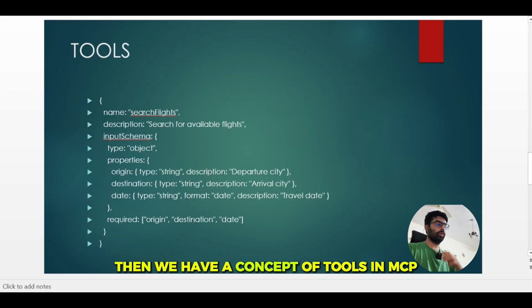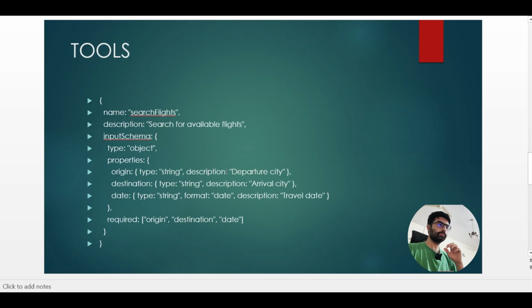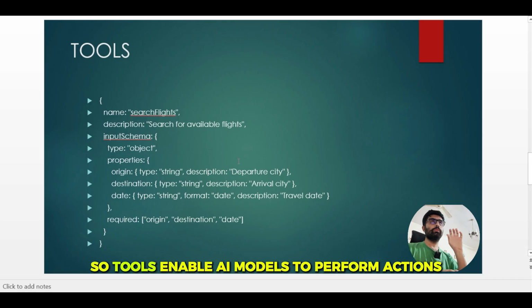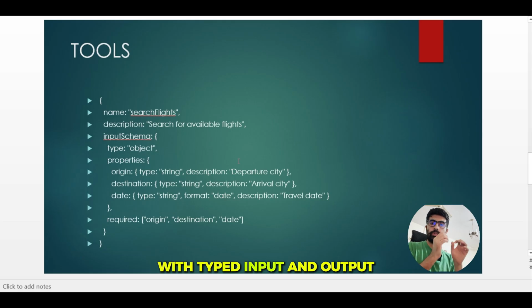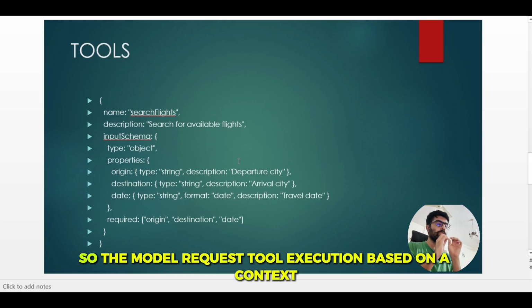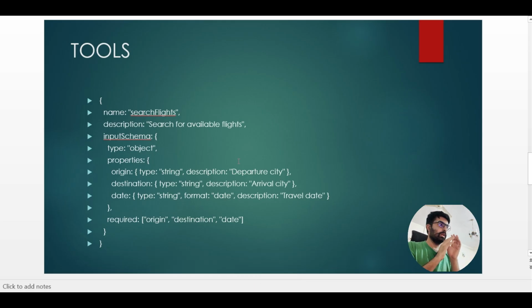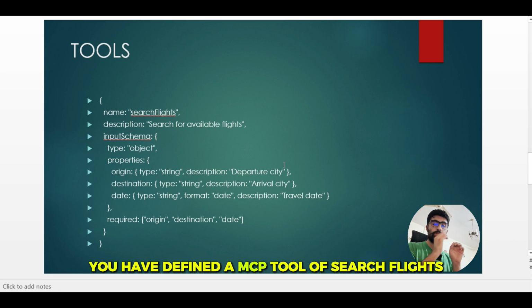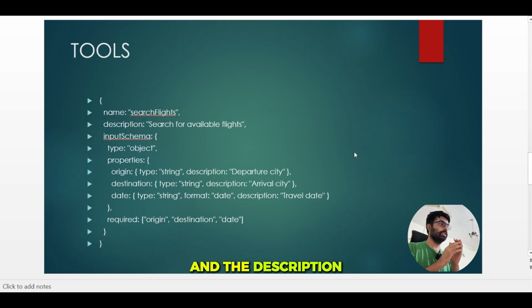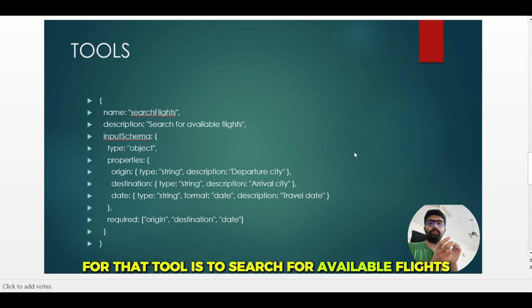Then we have the concept of tools in MCP. Tools enable AI models to perform actions. Each tool defines a specific operation with typed input and output. The model requests tool execution based on context. For example, you have defined an MCP tool called search flights, and the description for that tool is to search for available flights.